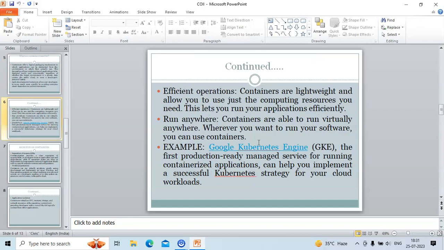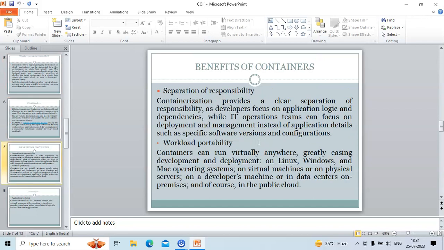So, the benefits of containers can be defined as follows. First one is it helps in providing clear separation of responsibility. Second is workload portability.